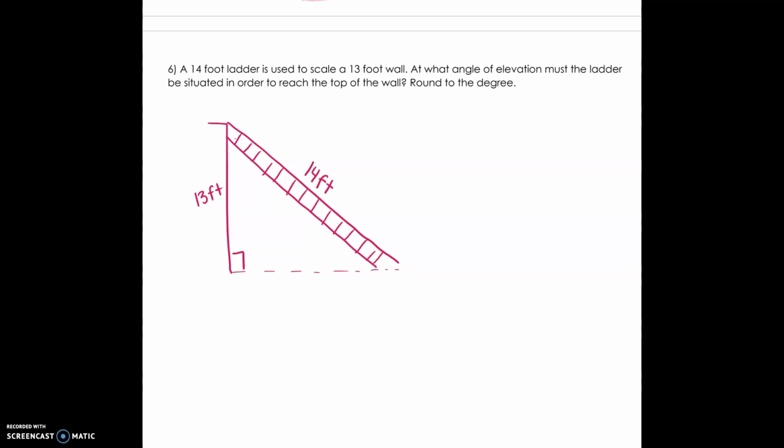After forming our right triangle, we want to find at what angle of elevation the ladder must be situated in order to reach the top. So remember, the angle of elevation is always between our horizontal line and our diagonal. So we will be solving for this angle here. This is our angle of elevation. Remember, when we're solving for a missing angle, we have to use inverse trig. So now you can set up your equation and solve.